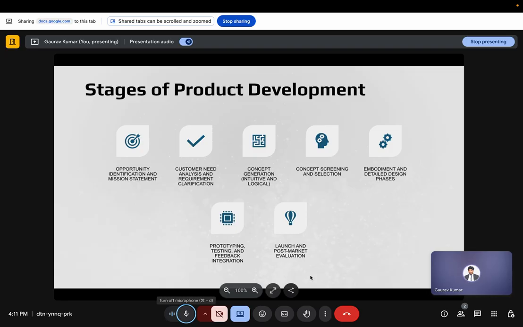We then elicit and intercept the customer needs, translate them into specifications, and decompose the system functionally to expose the solution space.